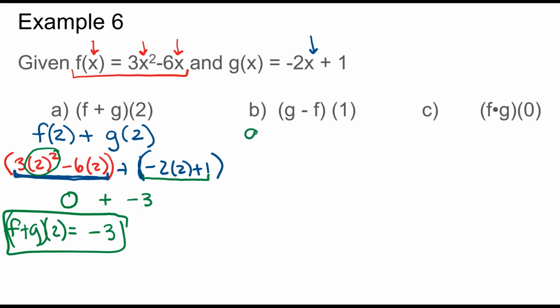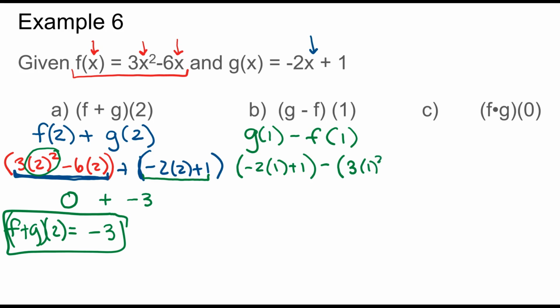Again, the first thing I like to do is rewrite it so that I can see where I'm putting the 1. Then I'll substitute that in. So g of 1, -2 times 1 plus 1 minus f of 1, 3 times 1 squared minus 6 times 1. And then I'm going to do this whole thing.